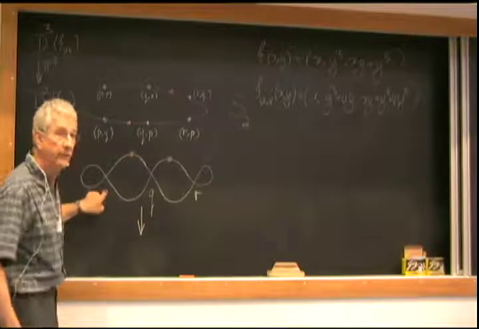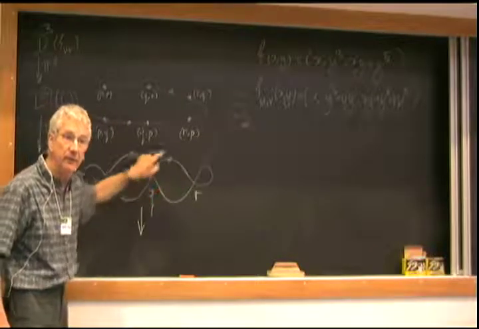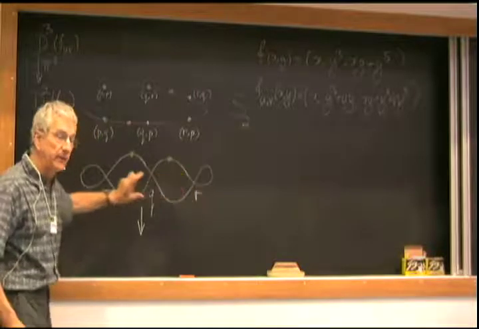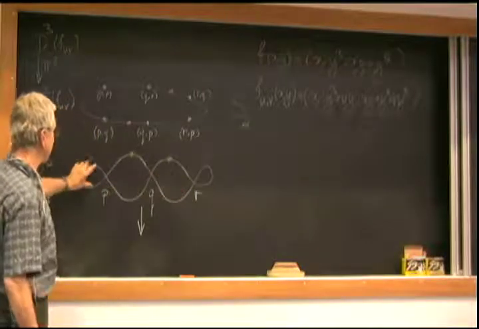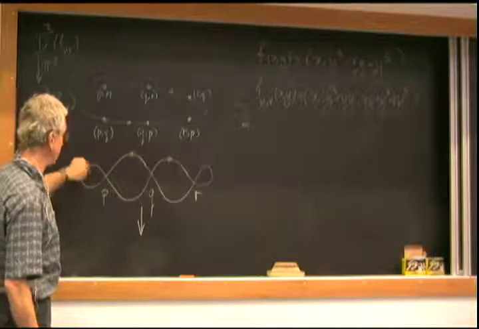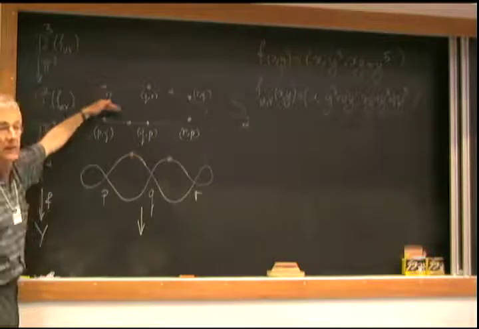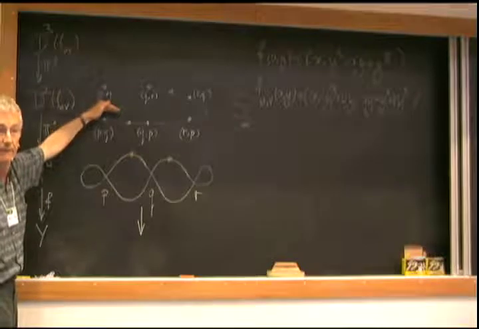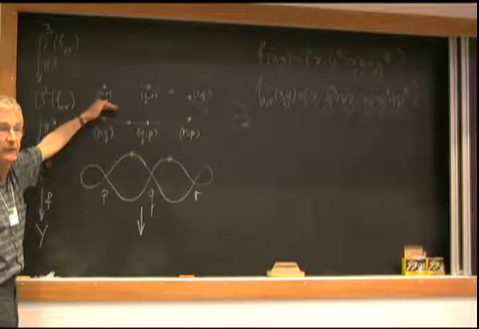P is mapped to the same point as Q, and Q is mapped to the same point as R. So there's no way of defining the involution or the S2 action here. You have to go up to here to define it. That is, this is contained in R2 cross R2.